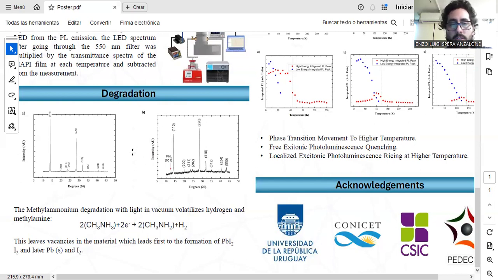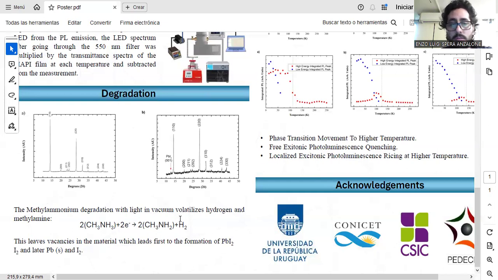This is because the blue light can take electrons to the antibonding of the nitrogen-hydrogen bonds in the methylammonium. These electrons should thermalize, but there's evidence that they don't, and that these bonds break, leading to these subproducts, hydrogen and methylamine.